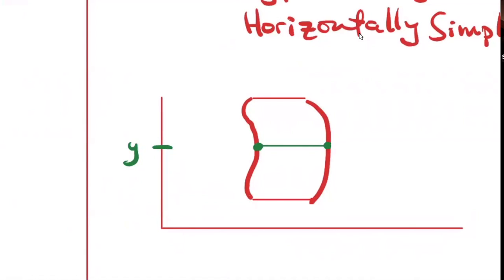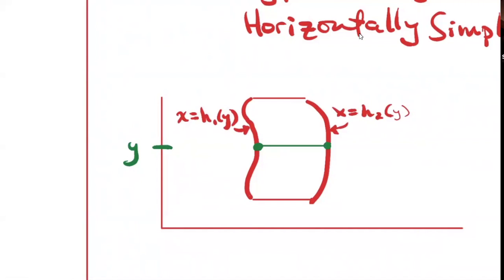Okay, I'm going to slide over here. Okay, so on the left, I'm going to have X equal H1 of Y on the left, and X equal H2 of Y on the right. Okay.